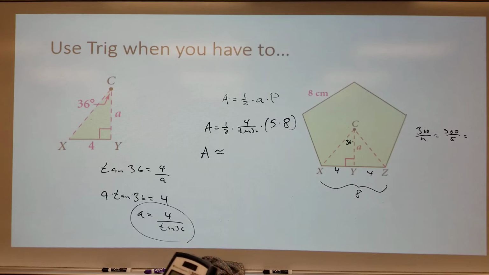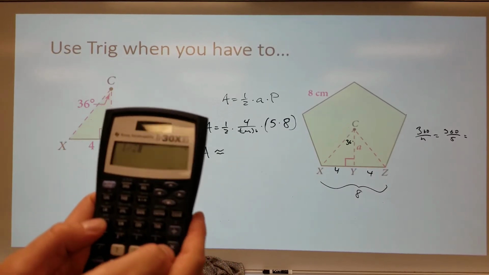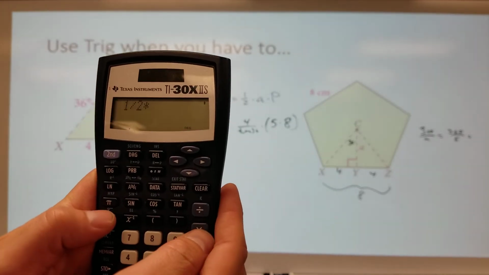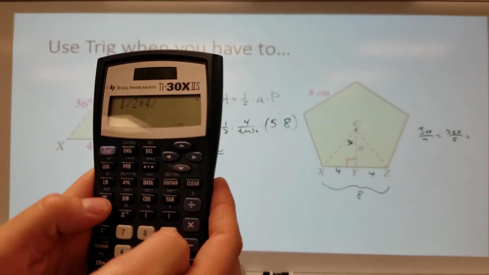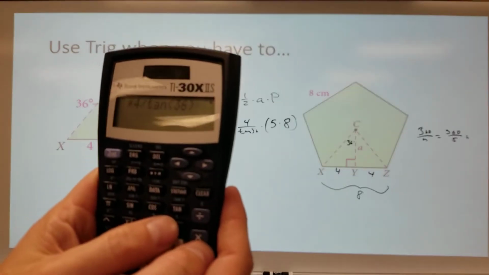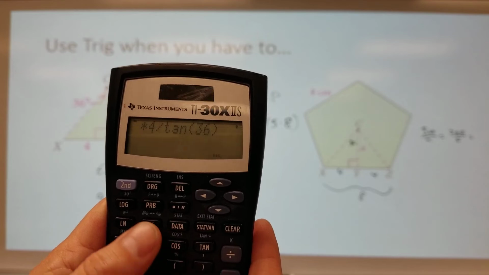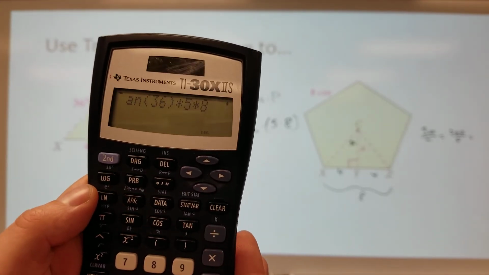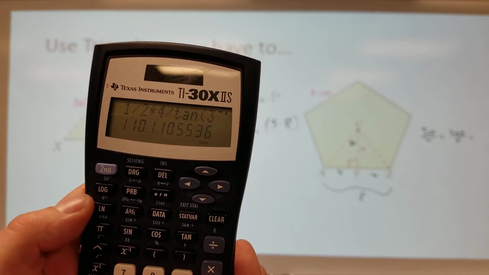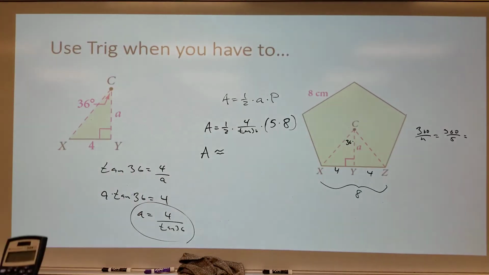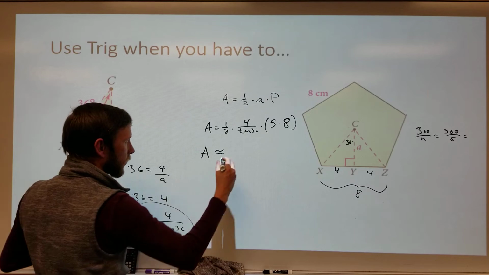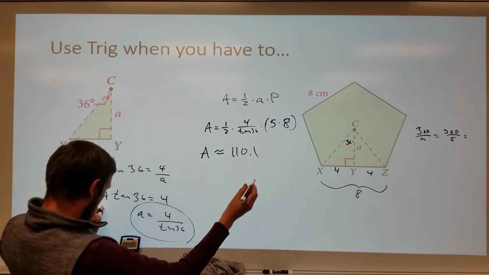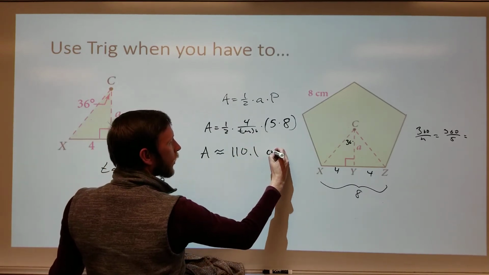We're going to do 1 divided by 2, and then multiply that times 4 divided by the tangent of 36, close parentheses, and then multiply by 5 and by 8. When I do that, it's going to give me the area. 110.11 means I'm going to call that 110. The area is approximately 110.1 square centimeters.